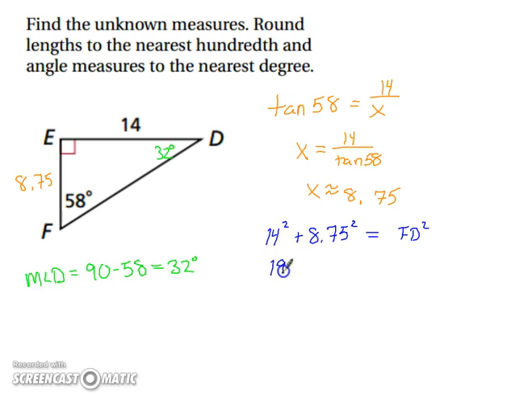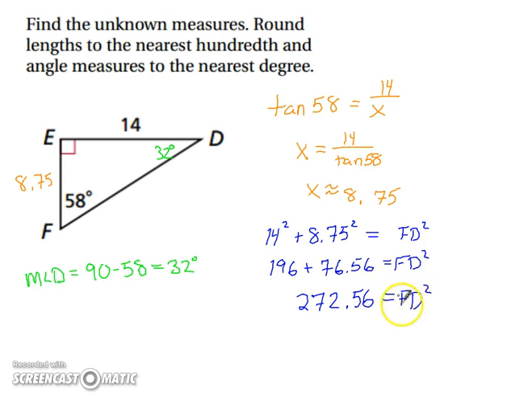So we have 196 plus 8.75 squared, which is 76.56, and that's still our FD squared. And we can combine like terms here, our 196 and our 76.56, and that brings us to 272.56, and we're still equaling FD squared.